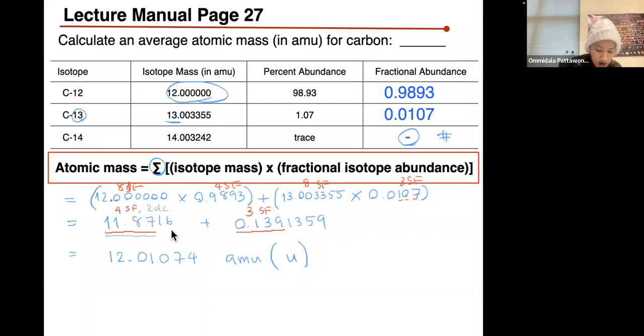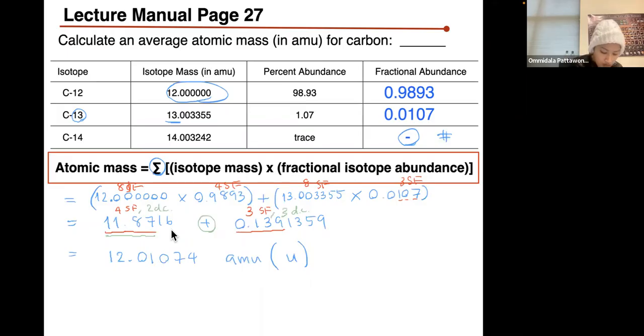Same thing for the second operation. This value contains 3 sigfigs from the digit that we underlined, but it contains 3 decimal places, so I'm going to write 3. Remember the last operation is addition, so we go by the least number of decimal places, which is only 2 decimal places here.